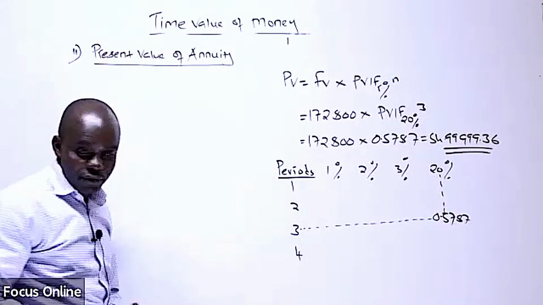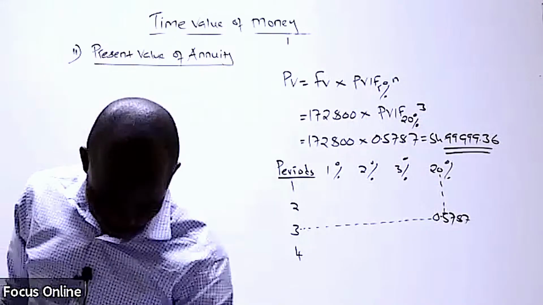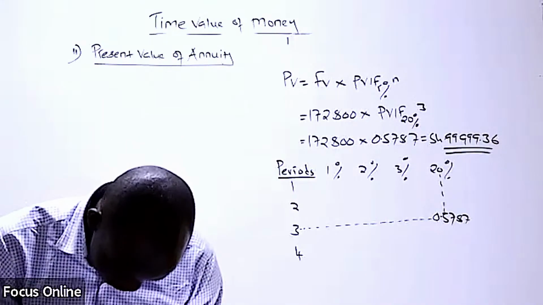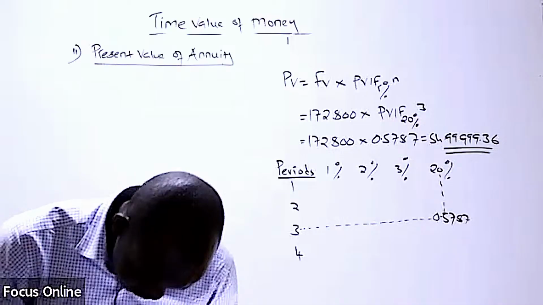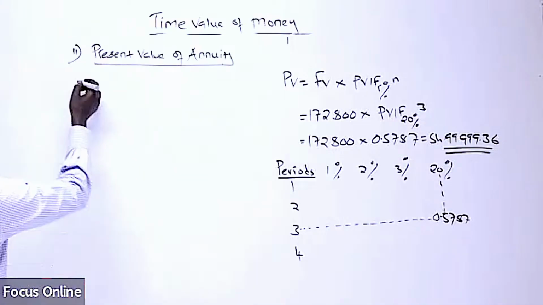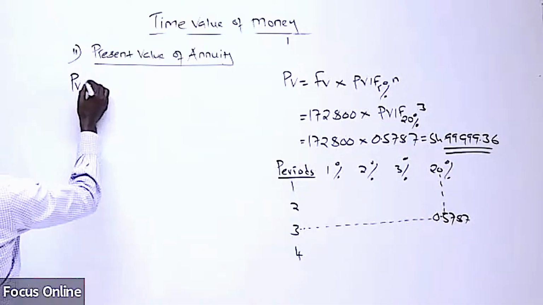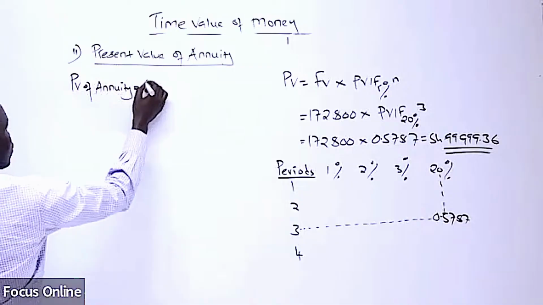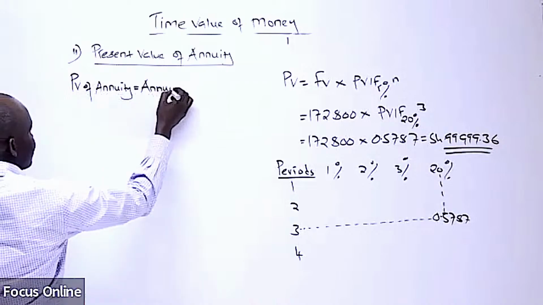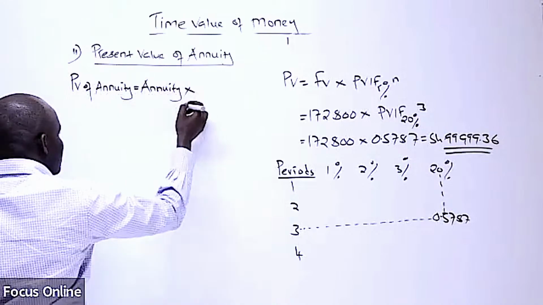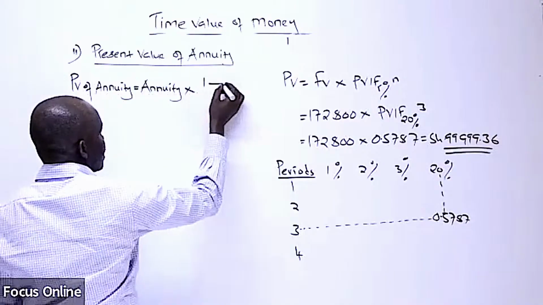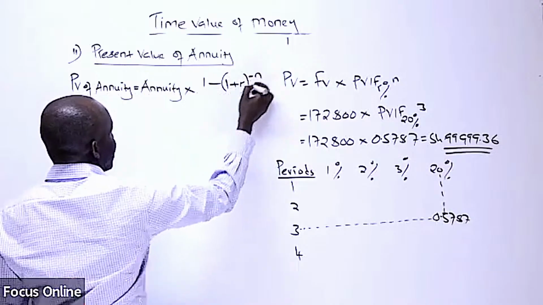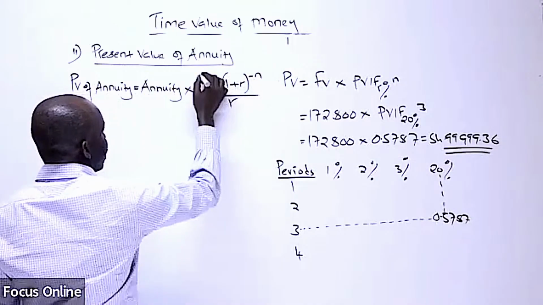The present value of an annuity is equal to the annuity times 1 minus 1 plus r power negative n, over r.